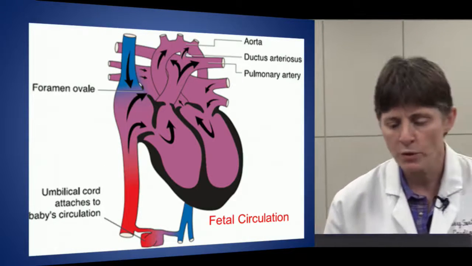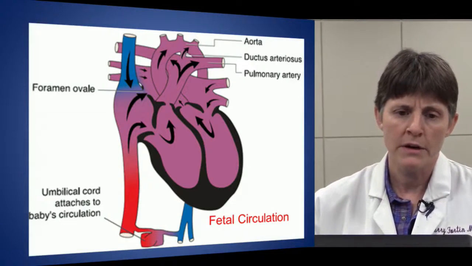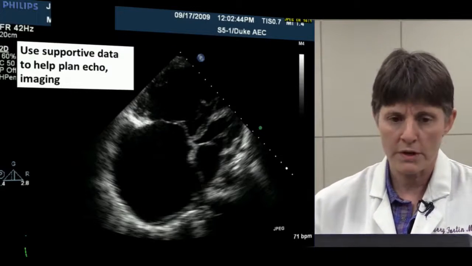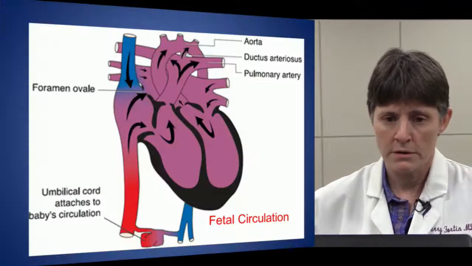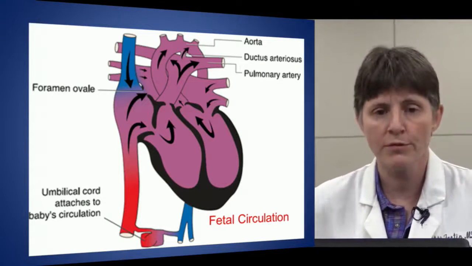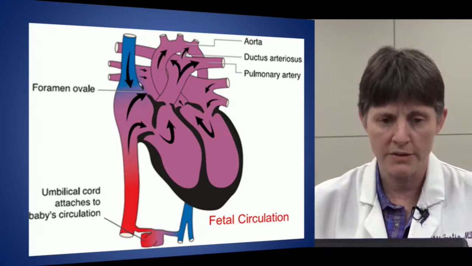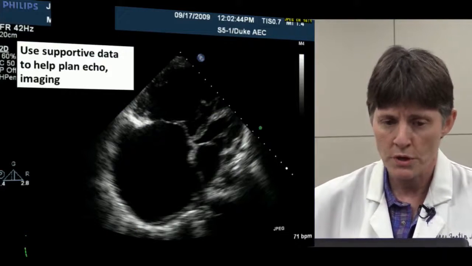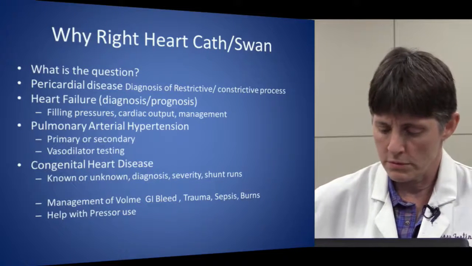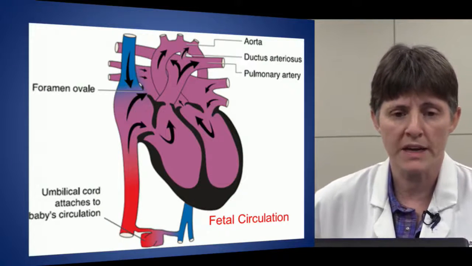This diagram, even though it's fetal circulation, is to help us look at where the vessels are coming from. Up above, we have the SVC coming into the right atrium, and we have an IVC coming into the right atrium.